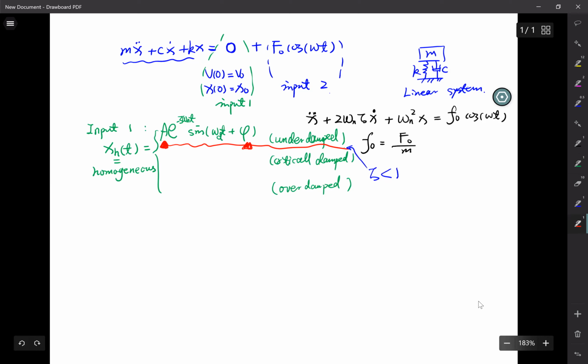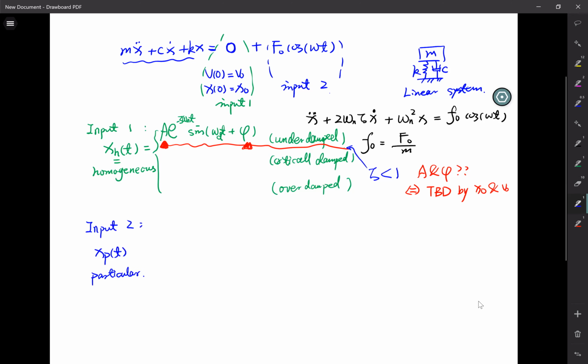So A and phi are unknowns, to be determined by x naught and v naught, so these 2 are related to your initial conditions. That's for your input number 1. So let's then solve input number 2. We call this x_p, similar to what we learned in the previous lecture, where the p stands for particular.